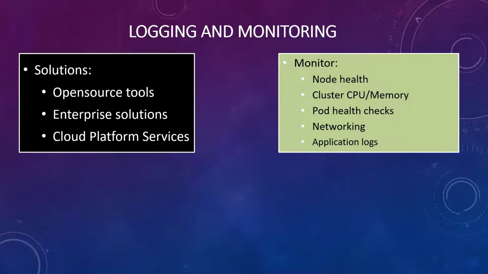The second thing is the cluster CPU and memory. Node health and CPU and memory are important. But let's say, as we saw in the last post, you have set the resource requests, quotas and limits, and all of a sudden your application reaches a high threshold.